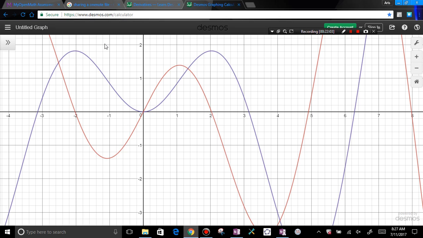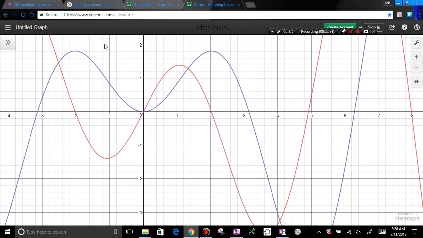And when the blue graph is increasing, from negative infinity to about -2, the derivative, which is the red graph, is above the x-axis, so f prime is greater than 0. And you can say the same from -2 to 0, where on the original, the red graph is less than 0.